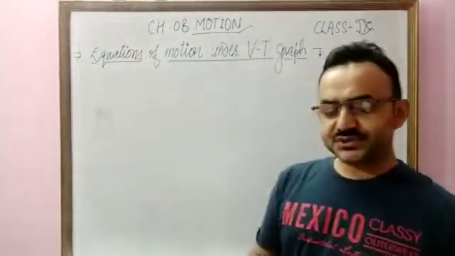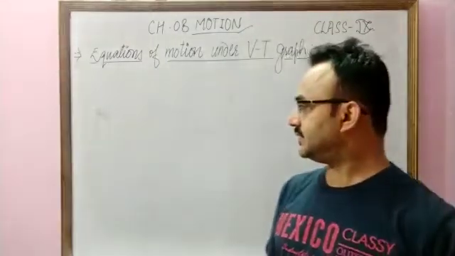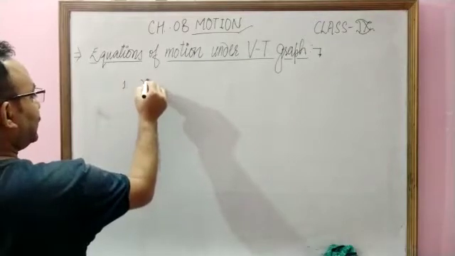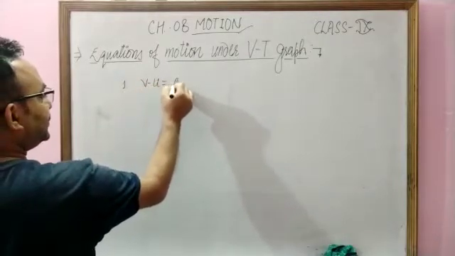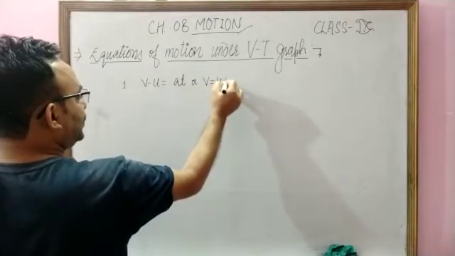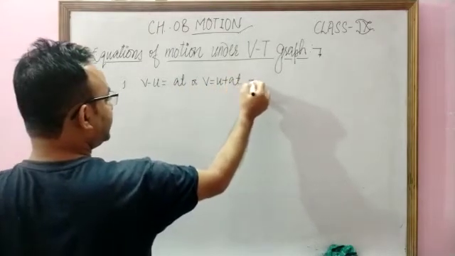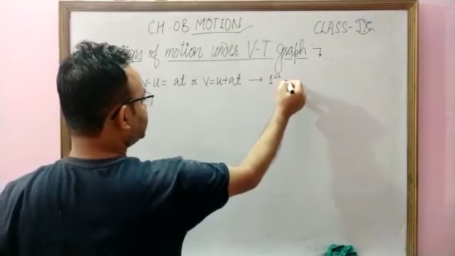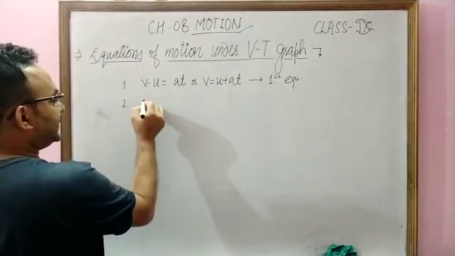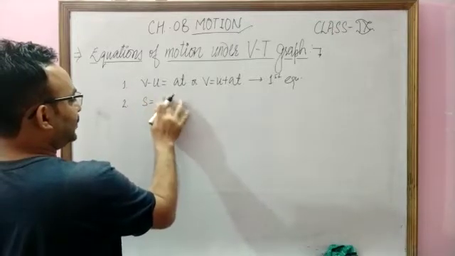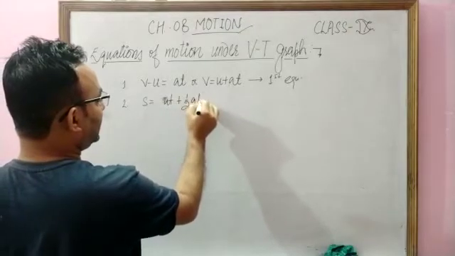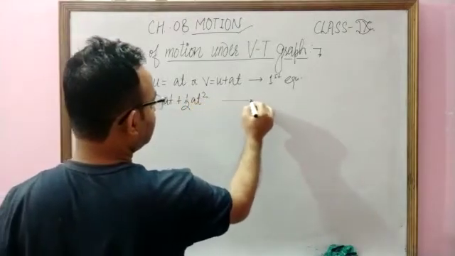These three equations of motion are represented as, first equation here, V minus U is equal to AT, or V is equal to U plus AT. First equation of motion. Second is here, S is equal to UT plus half AT square.